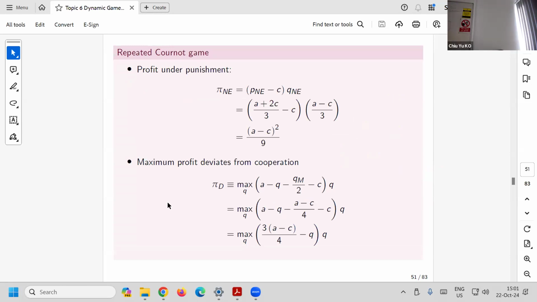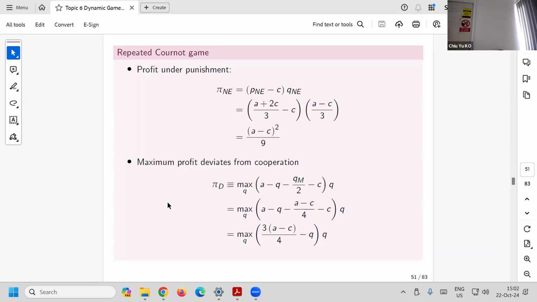So now we will see what happens when you deviate. When you deviate, that means the other guy is still producing the monopoly quantity. So you calculate, given that they keep their strategy, what's the best you can do. You calculate that payoff.